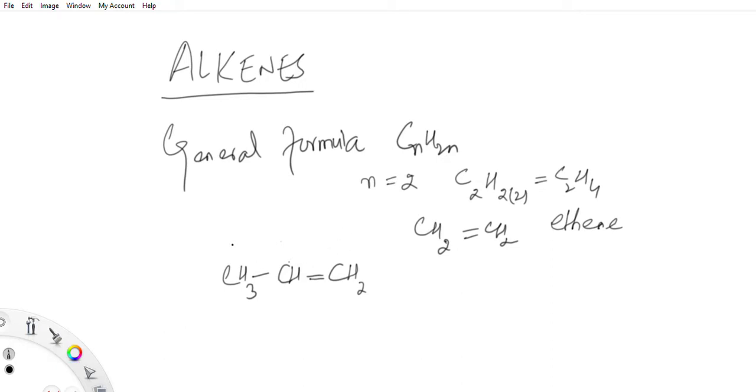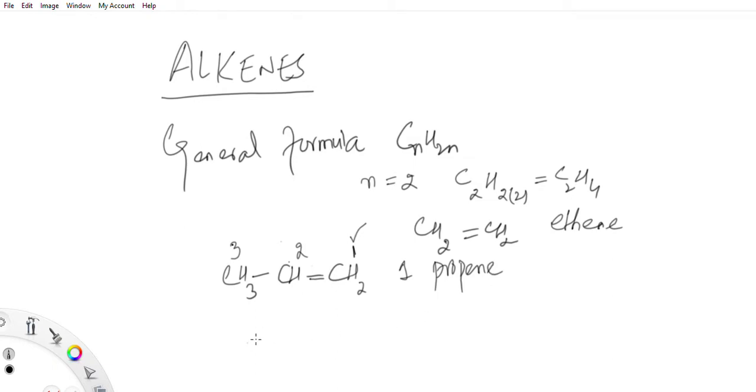The IUPAC nomenclature rule for alkenes says that we start counting the chain from the side containing the nearer double bond. As you can see, the double bond comes nearer if we count from the right hand side. As it is between the first and second carbon atom, I will say it is 1-propene.